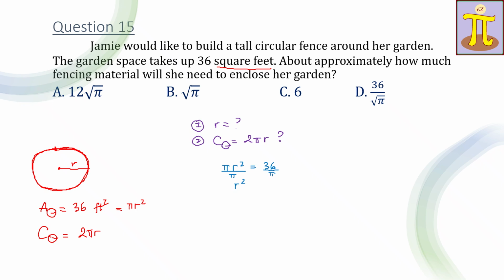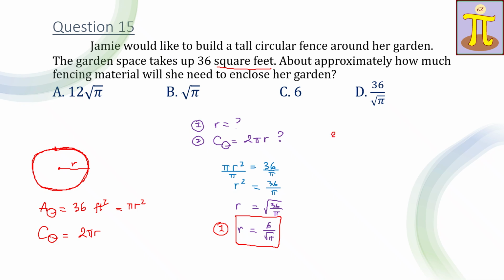So you have r squared is equal to 36 divided by pi. Now we want to find r by taking the square root of both sides, and you will have the square root of 36 over pi, and r is equal to 6 over square root of pi. This is step number 1 answer.